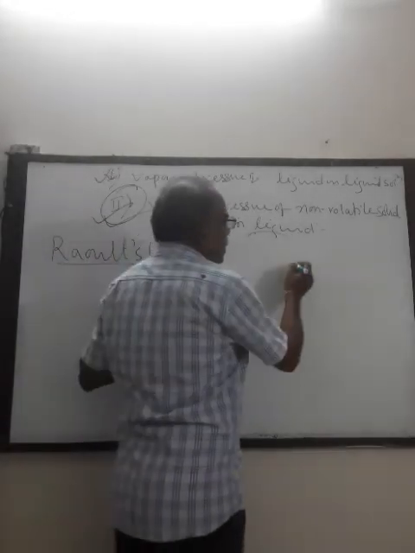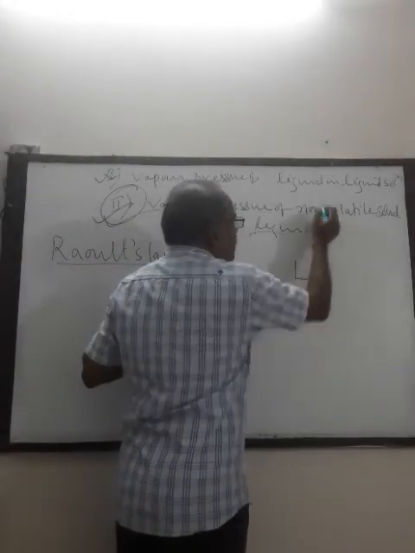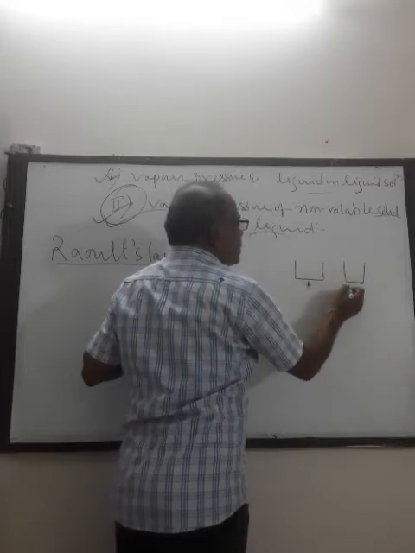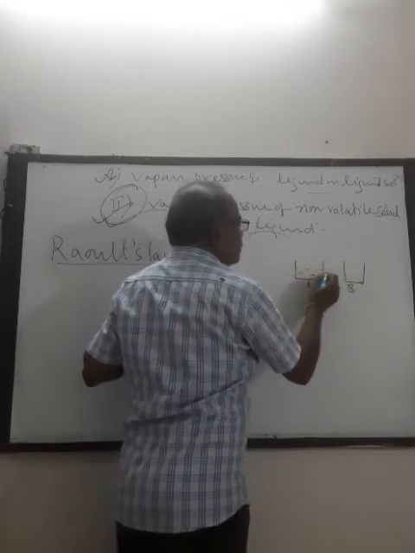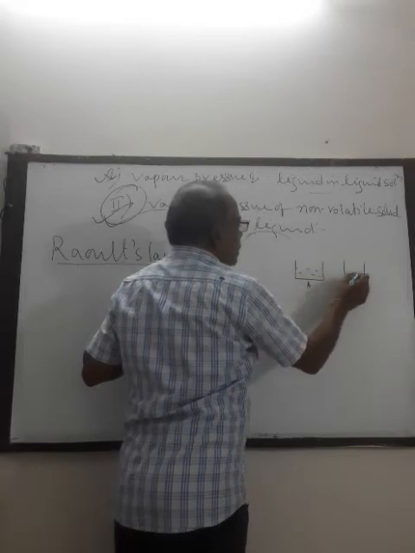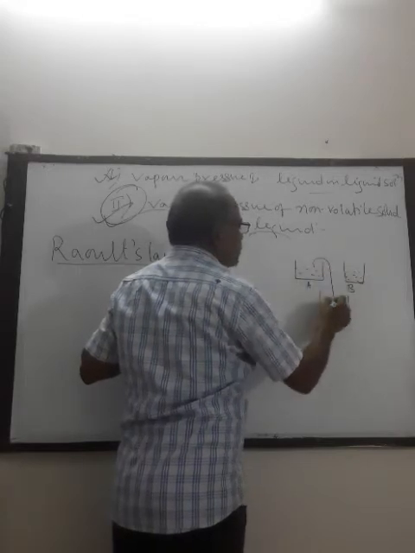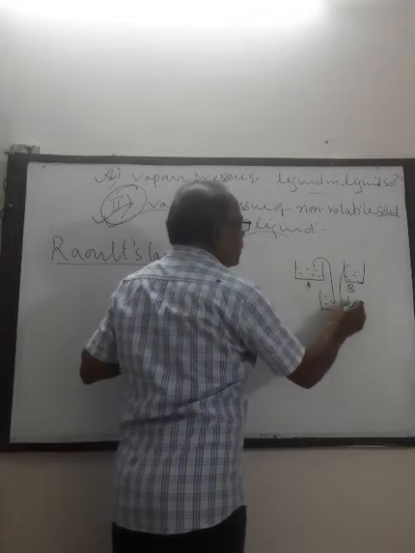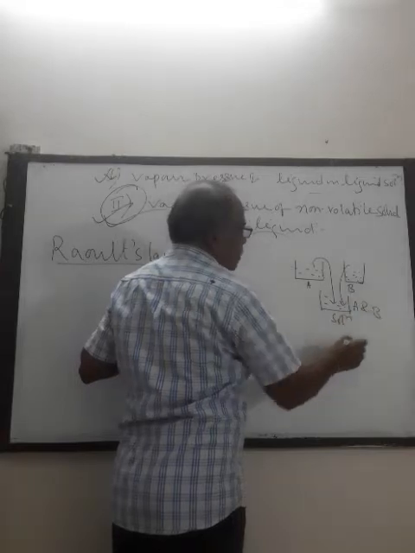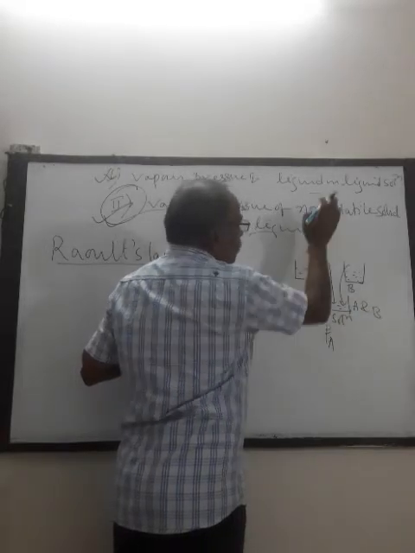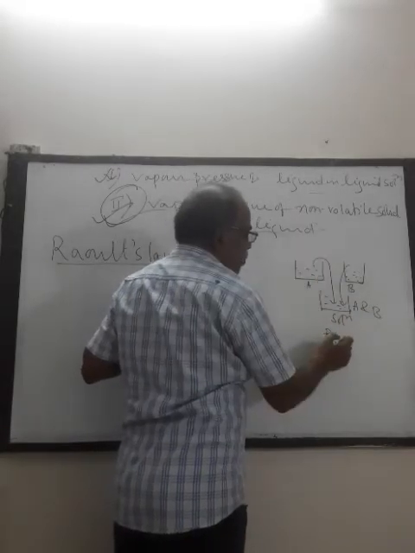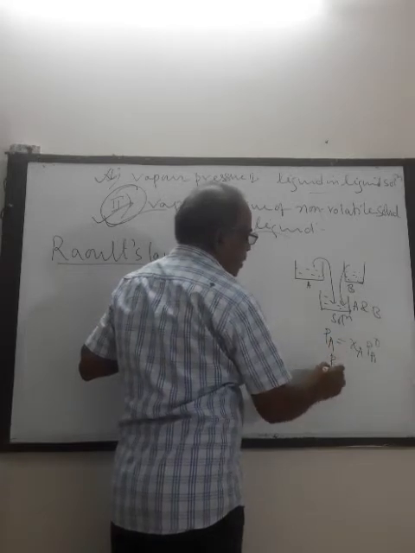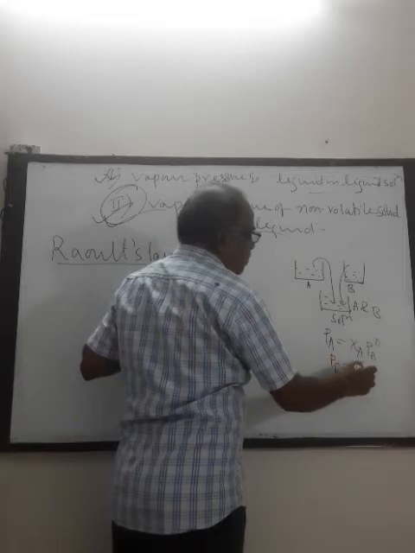Considering the previous one, this is liquid A and this is liquid B, and both are mixed together to form a solution where both A and B are present. We get two relations from this Raoult's law: PA equal to XA PA0, and PB equal to XB PB0.